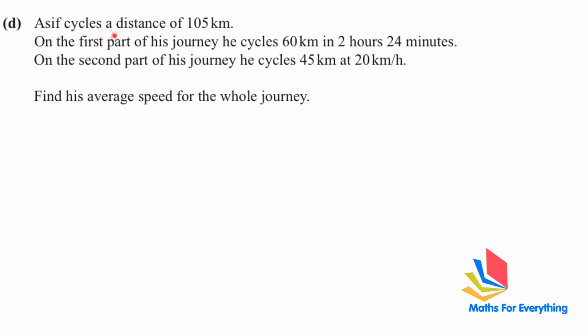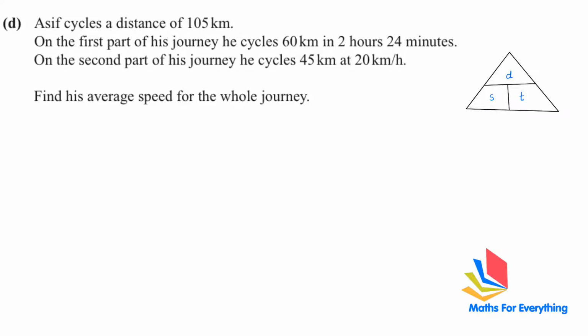In part D, Asif cycles a distance of 105 kilometers. On the first part of his journey, he cycles 60 kilometers in 2 hours 24 minutes. On the second part of his journey, he cycles 45 kilometers at 20 kilometers per hour. Find his average speed for the whole journey. I hope you know how to find distance, speed and time, and how they are related to each other.